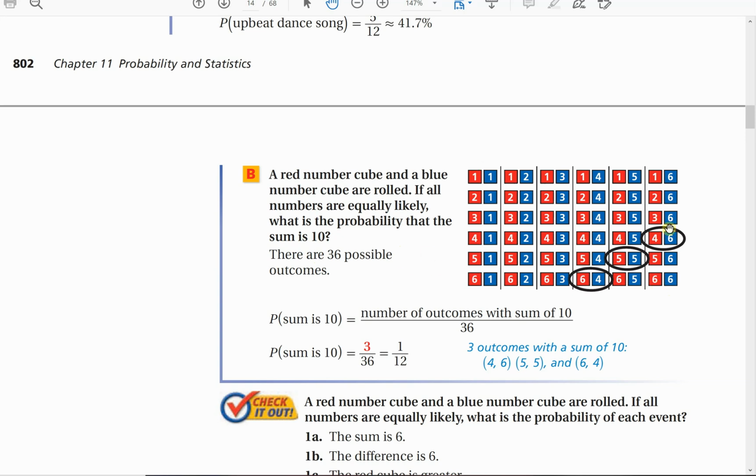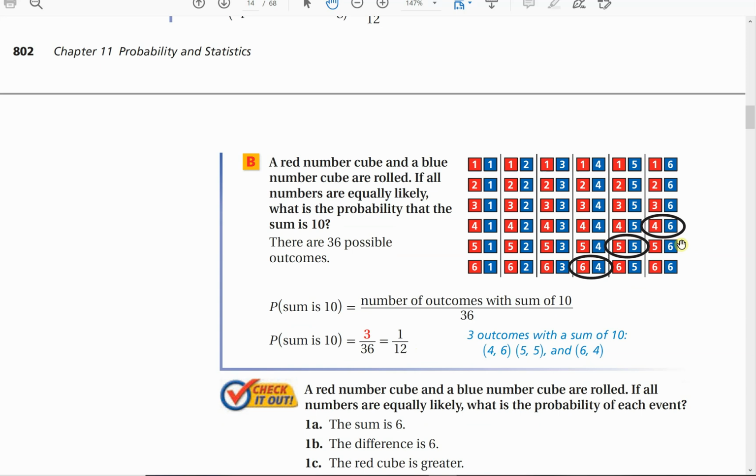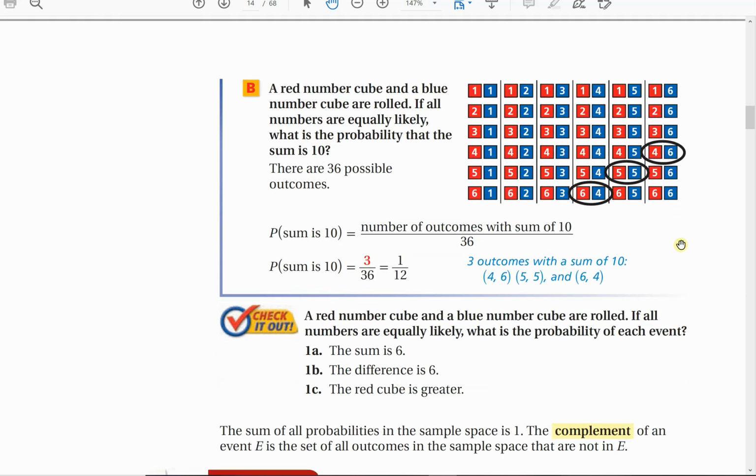How many different outcomes give us a sum of 10? 4 and 6, 5 and 5, 6 and 4. There's 3. So 3 out of 36 would give us a sum of 10, so we have a 1 out of 12 chance of rolling a sum of 10.